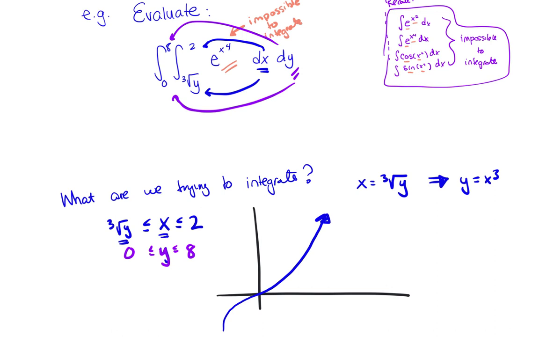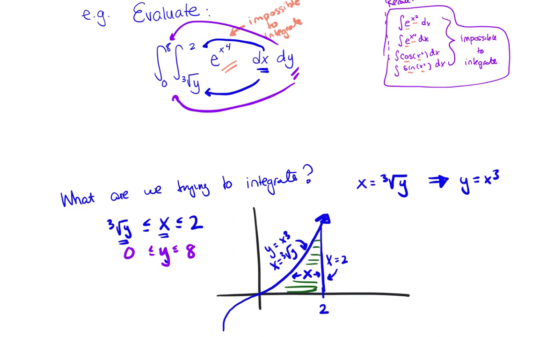And then I have x equals 2, so we go to 2 on the x-axis and have that line. Those are my x bounds, so x is in between. The lower values of x are that cube root of y, and the bigger values are that 2. This region here is my domain of integration.